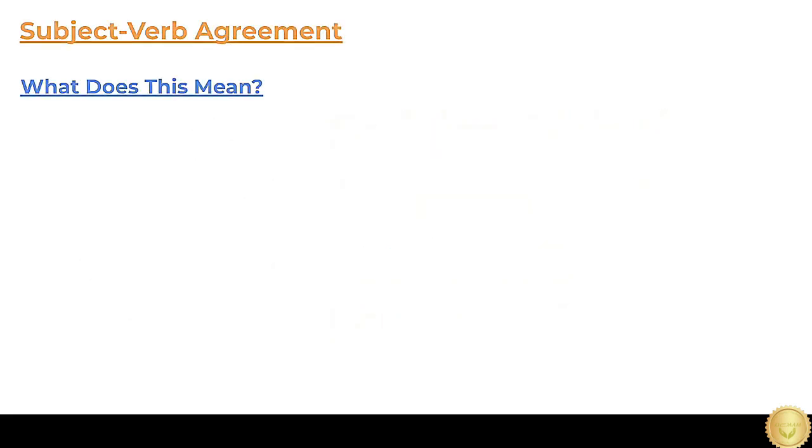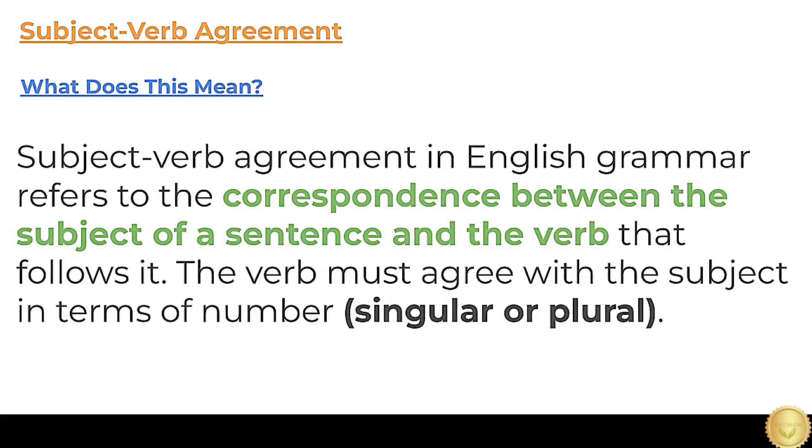Firstly, what does subject-verb agreement mean? When we say this, what are we referring to? Well, this is an agreement. It's like a shake of hands in English grammar. And it's talking about the relationship between the subject of a sentence, and the verb, the doing word that follows it.